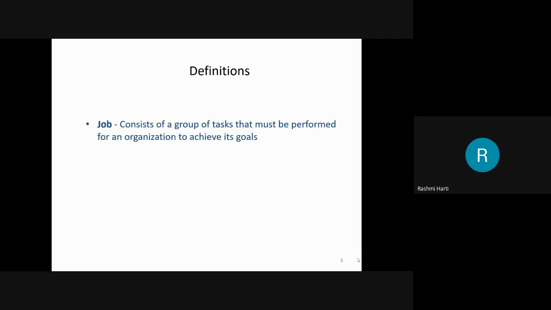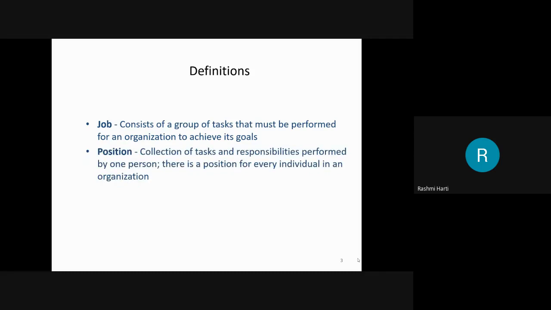Profit maximization and wealth maximization. So when I say a particular job, it means the group of tasks, what all you are going to do in that particular job, the various tasks, that constitutes a job.